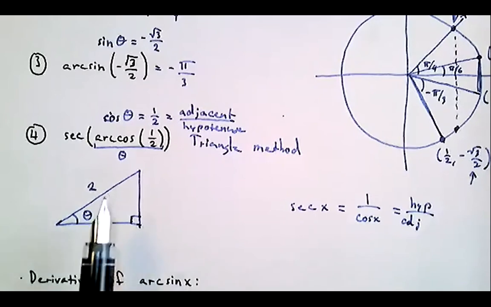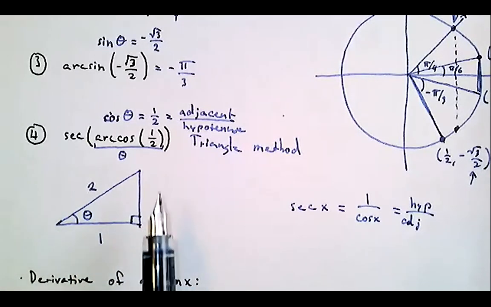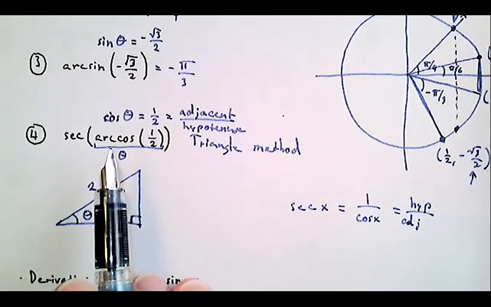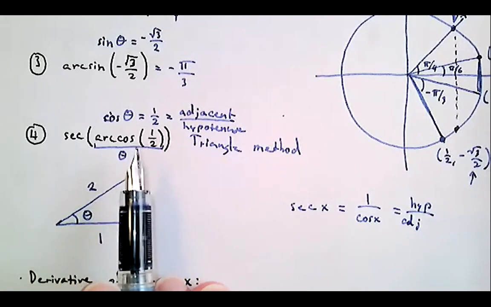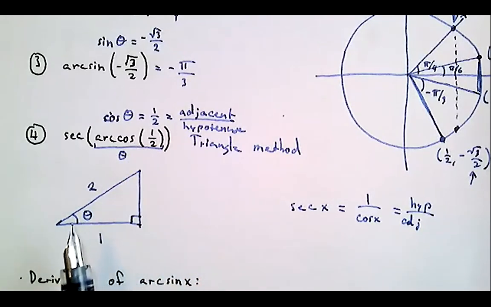So what we're going to do is go to this triangle that we drew for the angle, the output of the arc cosine, and find the secant of this triangle for theta. So we find the hypotenuse, we divide by the adjacent side, which is 1.